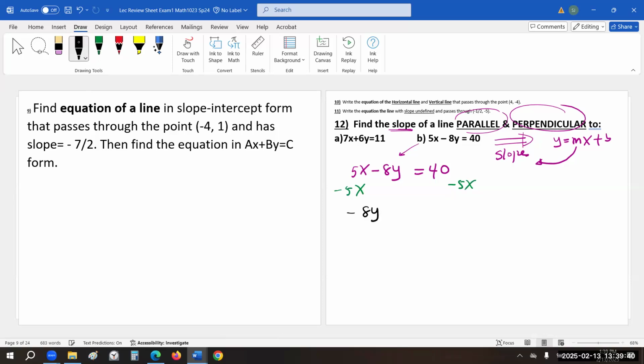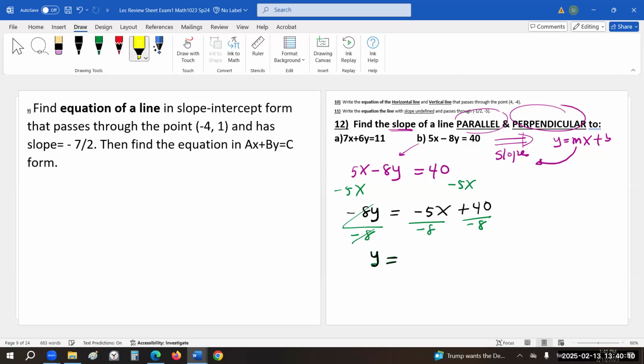So negative 8y is negative 5x plus 40. Is our y alone yet? So how can you make it alone? We have a negative in the front, so it should be negative 8. Cancel. Now you're happy, our y is alone.